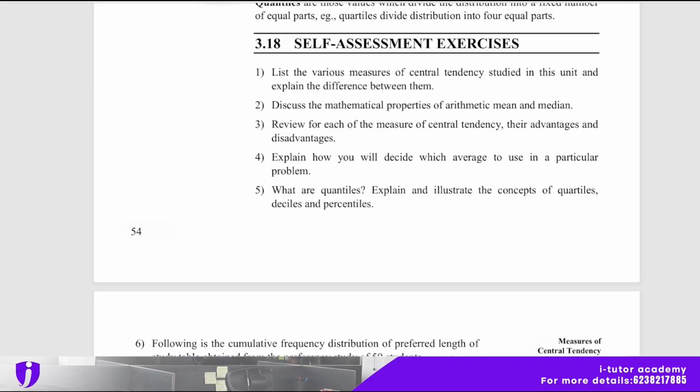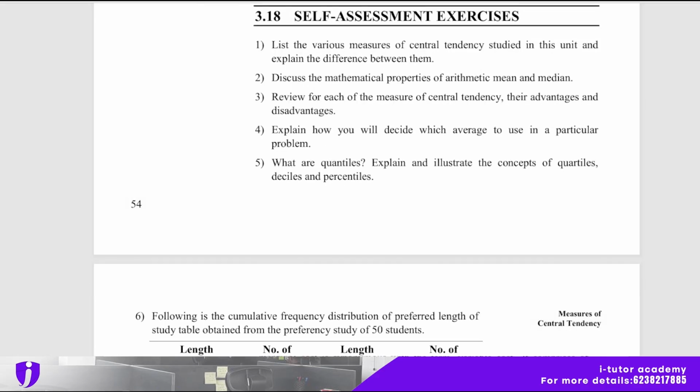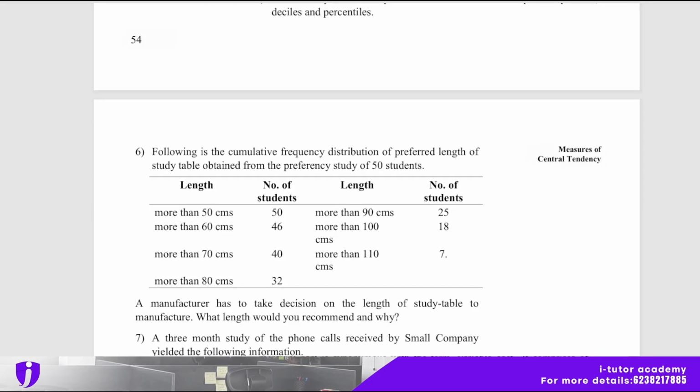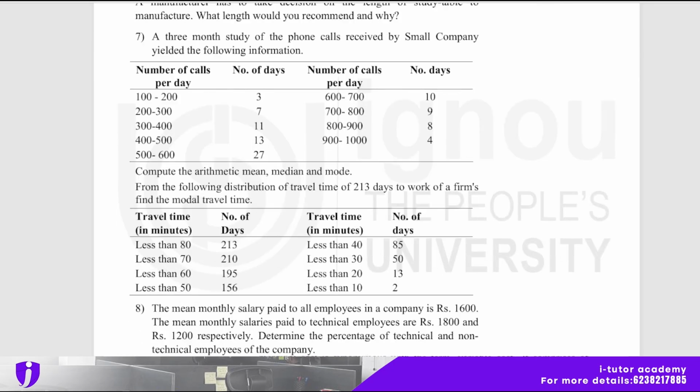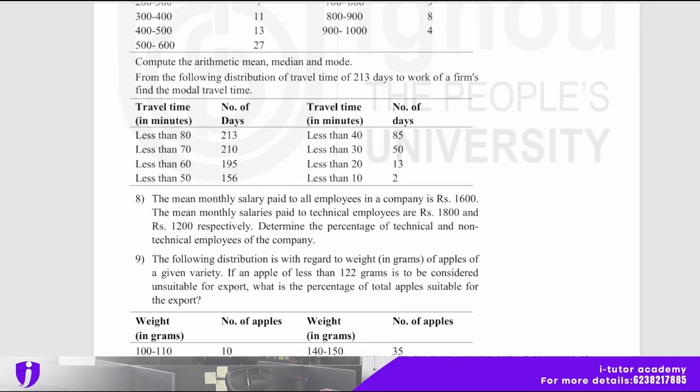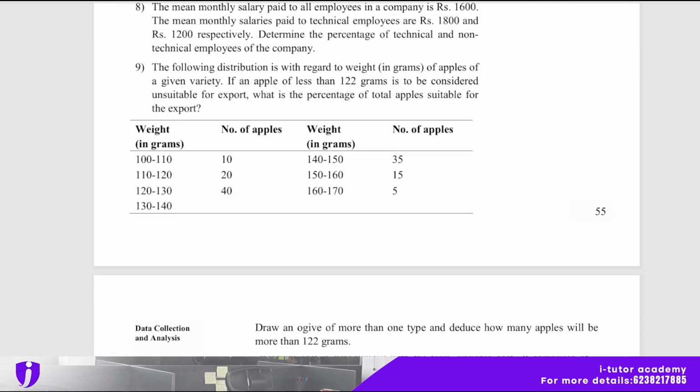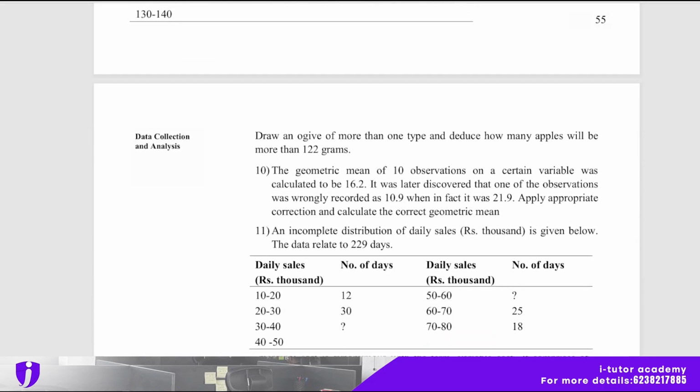Explain how you will decide which average to use in a particular problem, and what are quantiles. Explain and illustrate the concept of quantiles, deciles and percentiles. And the sixth question is also based on the exercise, and seventh also is here, and you just try to do this and it will help you for your term-end examination.